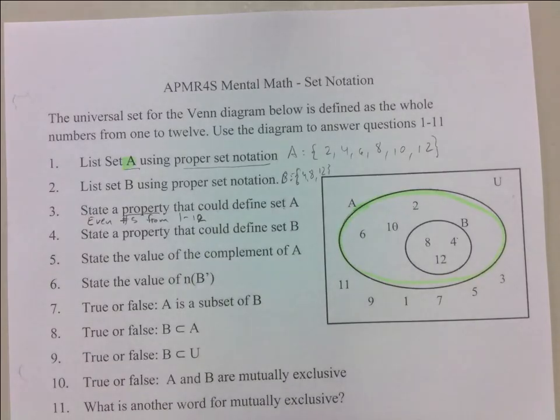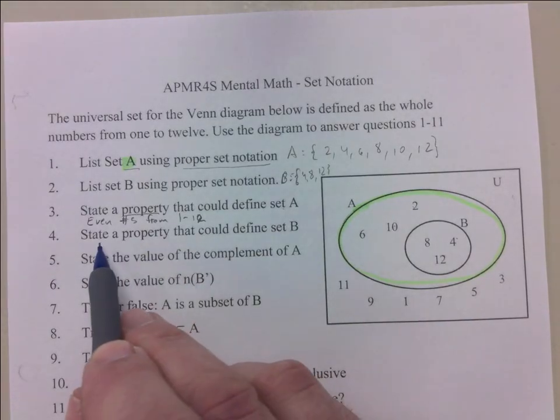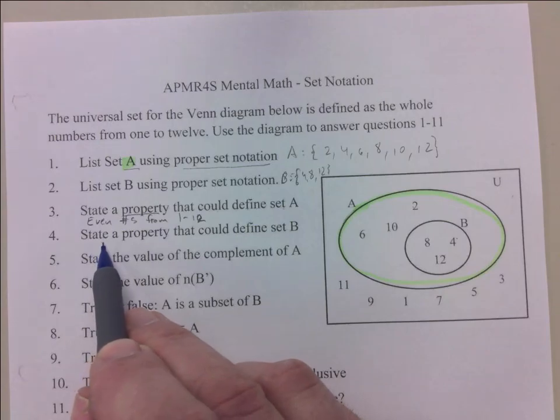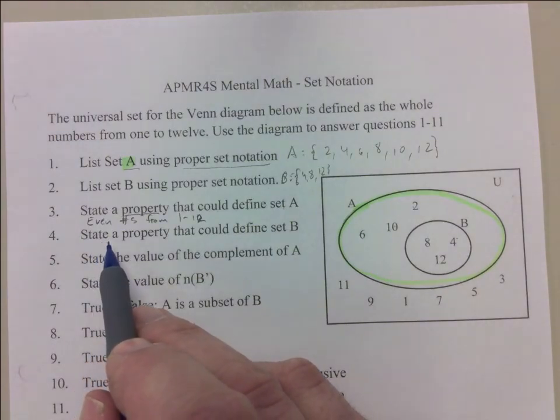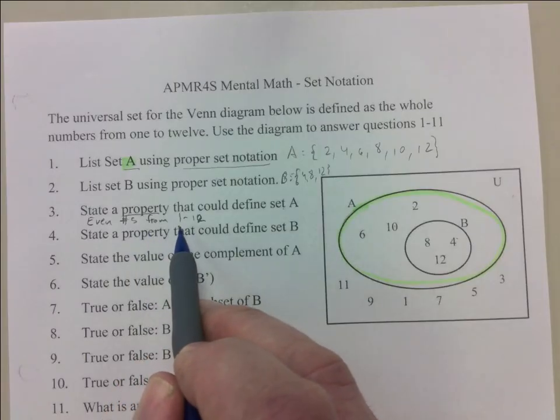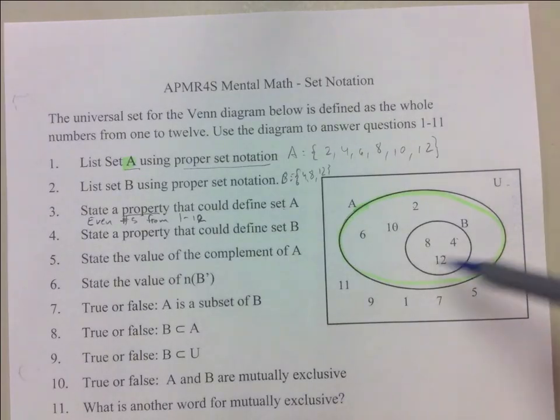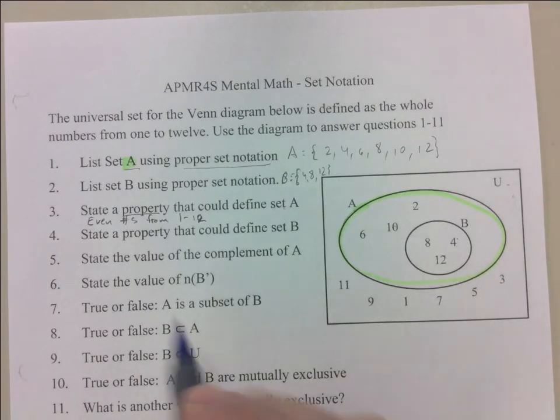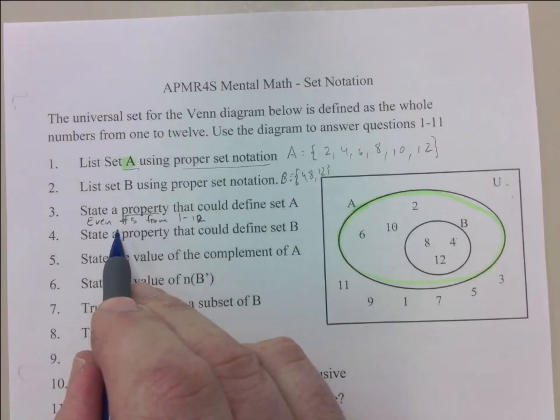If you put even numbers, that's fine. What's that? Divisible by 2, yeah, that's fine. Yeah, divisible by 2, even numbers, yeah. In the future, let's try to narrow it down. You look at your universal, what's the highest number, what's the lowest number, and then you know that's kind of like from 1 to 12, just the even numbers, okay? But if you have even or divisible by 2, that's fine.